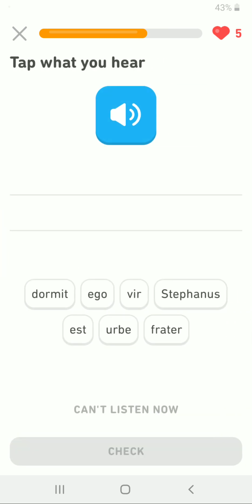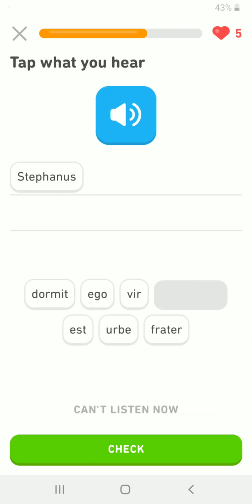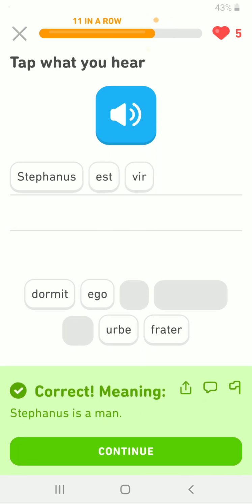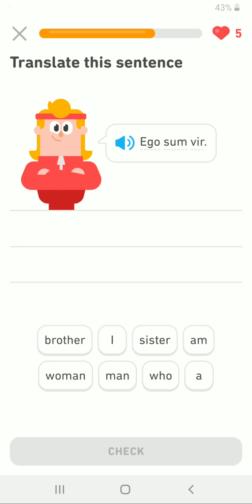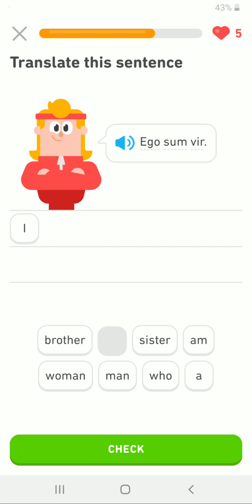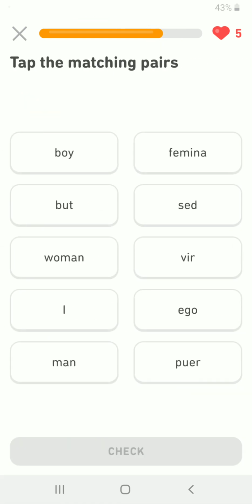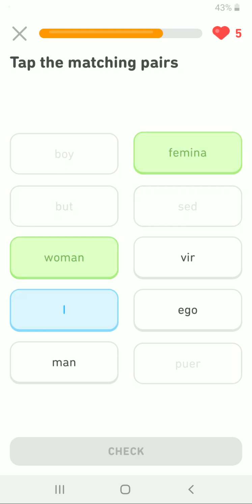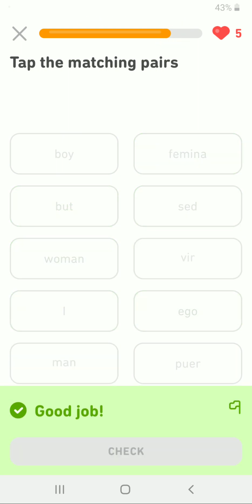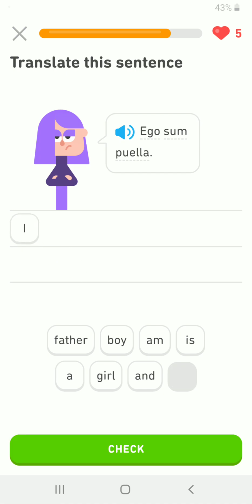And Stephanus est vir. Ego sum vir. I am a man. So far, so good. Nothing new, nothing too difficult to remember. Boy, puer. Sed. Femina. Ego. Vir. Puella.